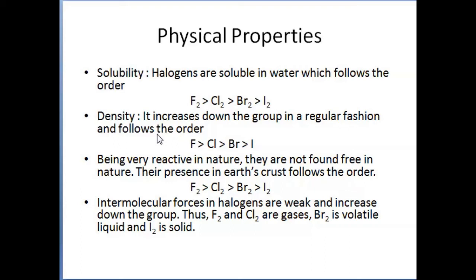Their presence in the earth's crust also follows an order: F2, Cl2, Br2 and I2. The intermolecular forces in halogens are weak and increase down the group. So fluorine and chlorine exist as gases, bromine is a volatile liquid and iodine is a solid. These are the few physical properties of halogens.